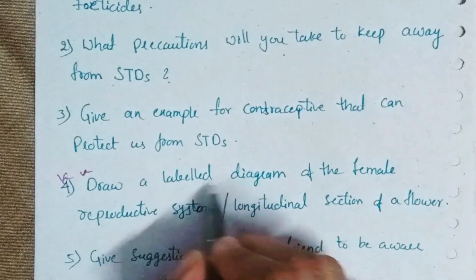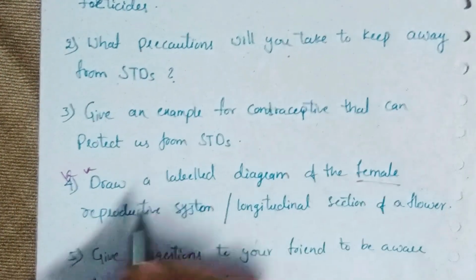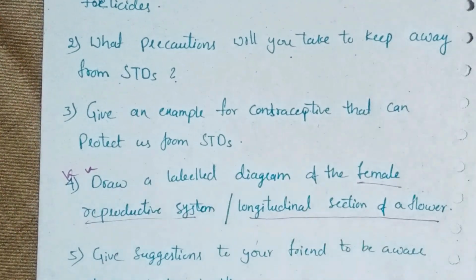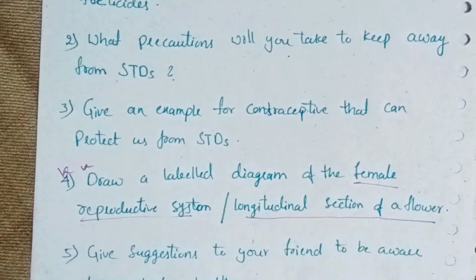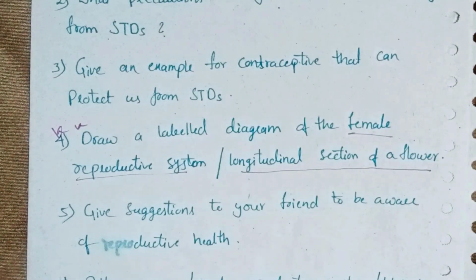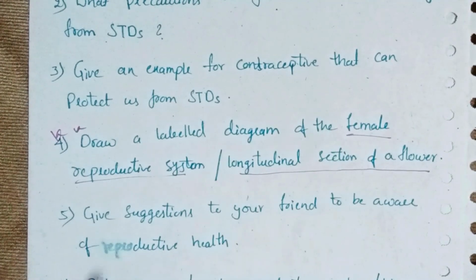Here you have to practice the diagram of the female reproductive system as well as the longitudinal section of a flower. They will give you any one of them, and at the same time they will ask you the male reproductive system as well. Next, fifth question is, give suggestions to your friends to be aware of reproductive health.